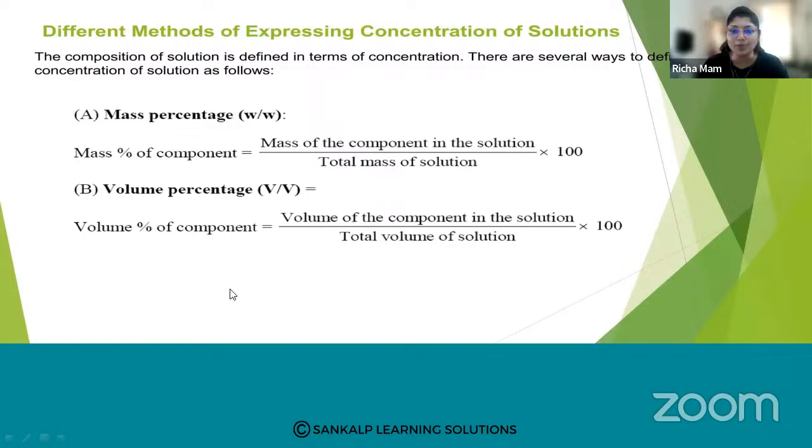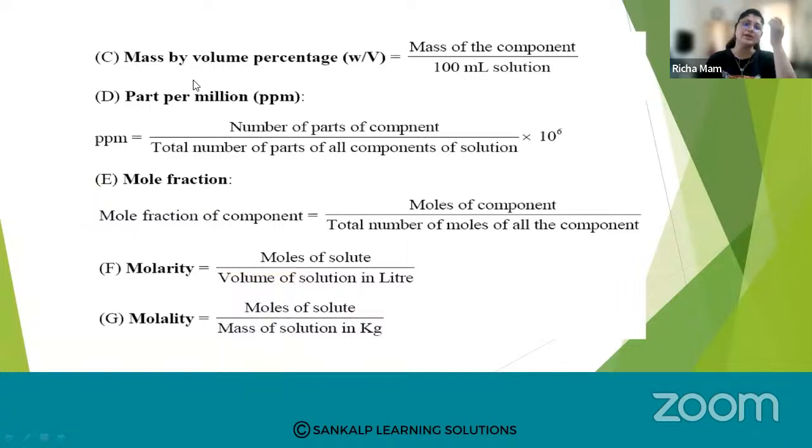Next is volume percentage. We had seen volume percentage. Would anybody like to tell the definition of ppm? What is ppm? Parts per million. How do you define parts per million?